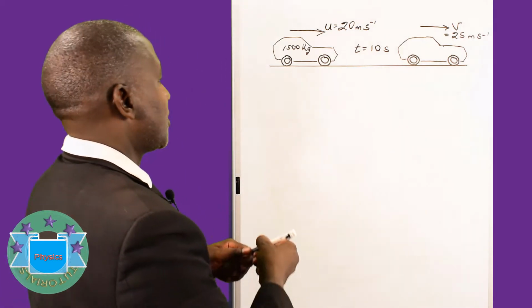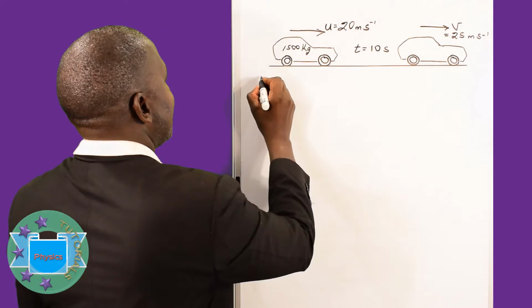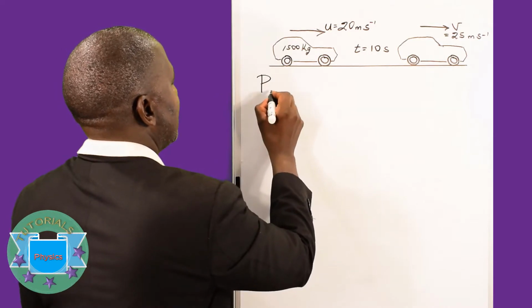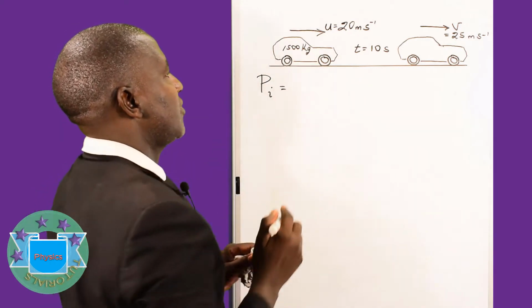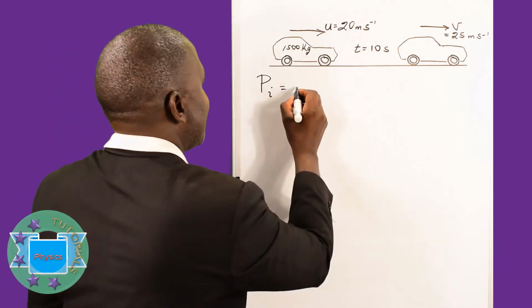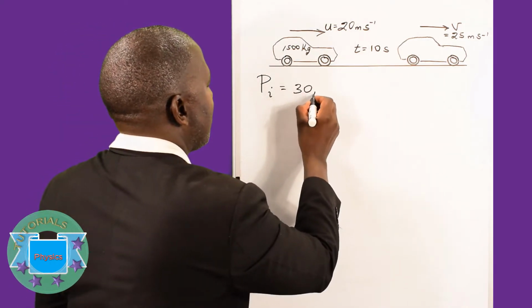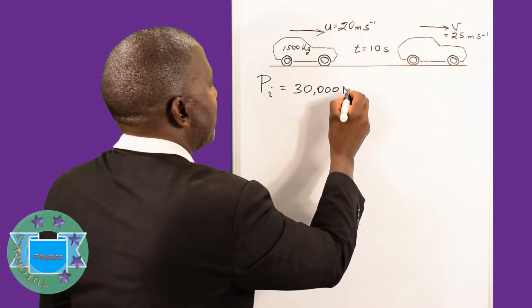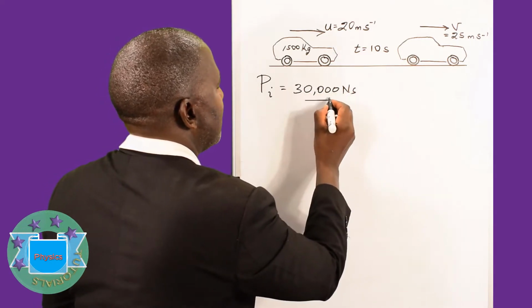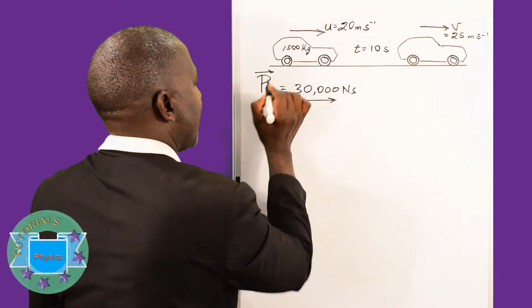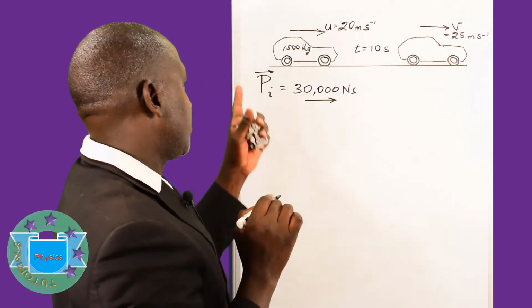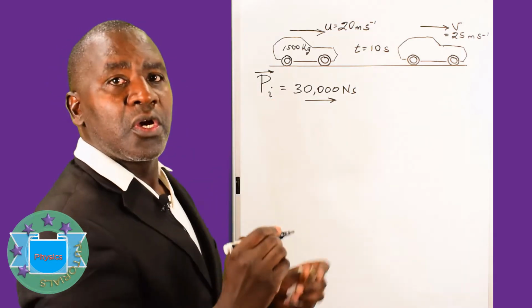So let's first of all start by calculating the first momentum here and call it initial momentum, which is of course 1500 times 20, and that will give us 30,000 Newton seconds, and this is to the right. Of course, this is a vector. We said it's optional. You can either put that arrow or fail to put it.